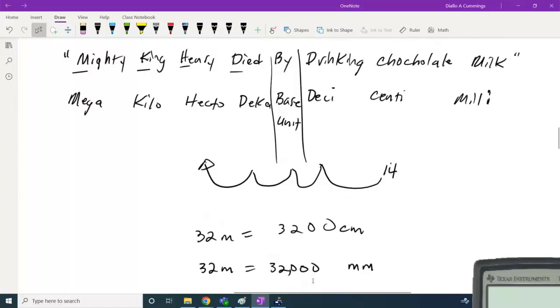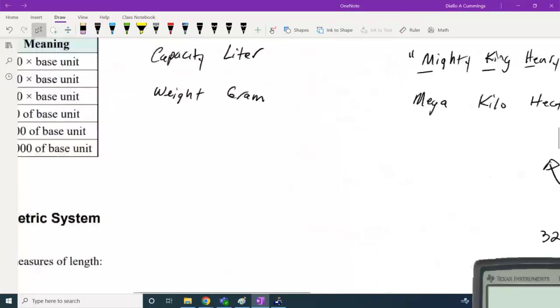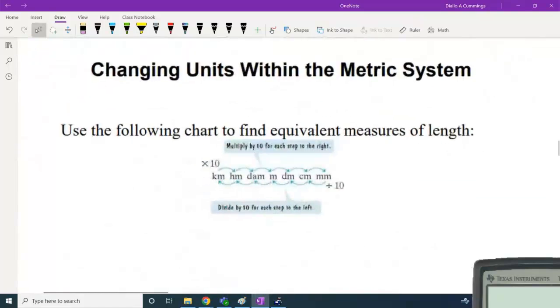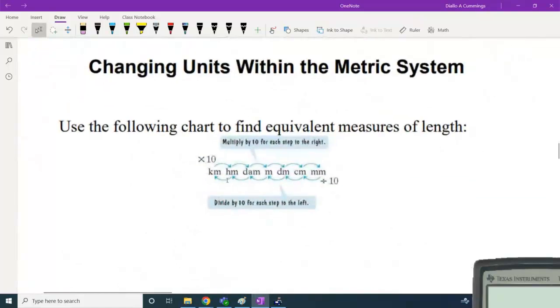Any questions about using this chart? It's just a matter of adding filler zeros to the left or to the right, depending upon which way you're moving in this chart. Also on the slides, I have this, which is pretty much the same thing: kilometer, hectometer, decameter, then the base unit, then decimeter, centimeter, and millimeter.